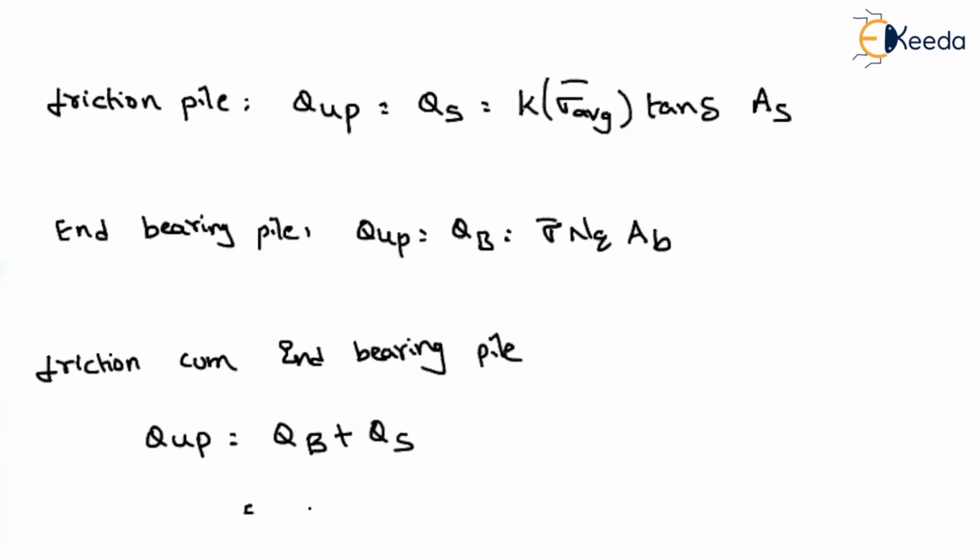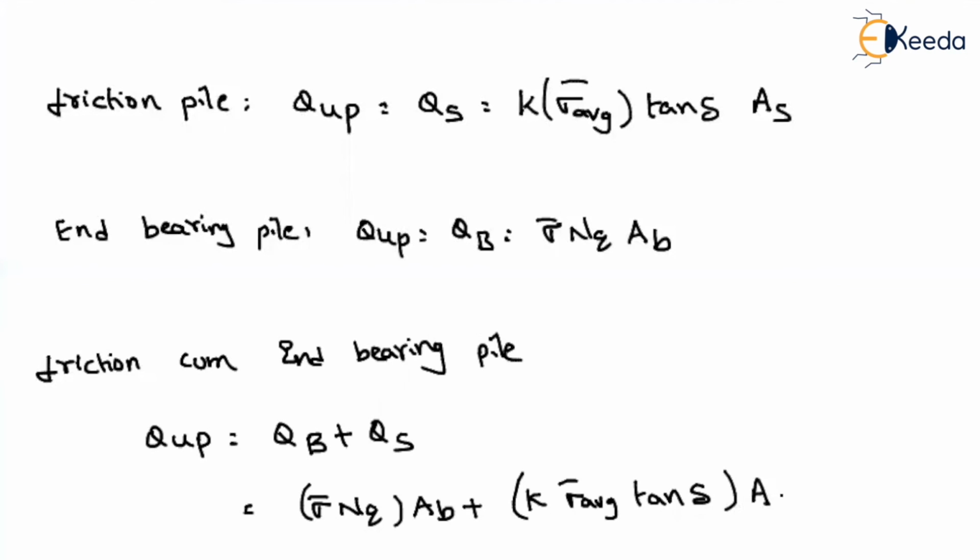That can be written as sigma bar into Nq into end bearing area, plus K into average vertical stress into tan delta, into surface area AS. So depending upon the type of the pile, we have to find out the pile capacity. And these are the formulas that will be used if your pile is in sands.